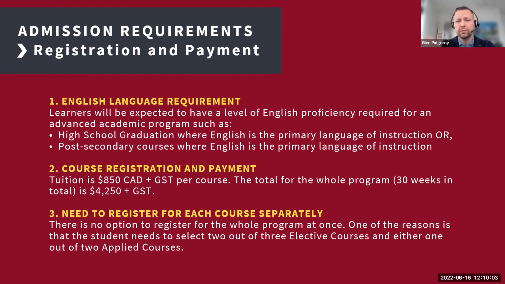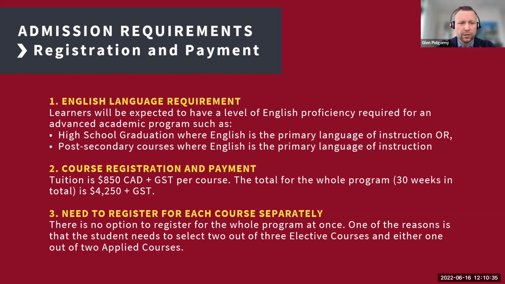When it comes to the requirements, it can be a high school diploma where English is the primary language of instruction, or post-secondary courses, again, where English is the primary language of instruction. Although we don't require proof of English language proficiency, so it's fully up to you. It's your decision. Is your English language relevant enough for an academic program or not?